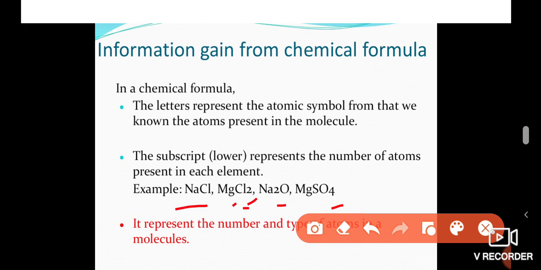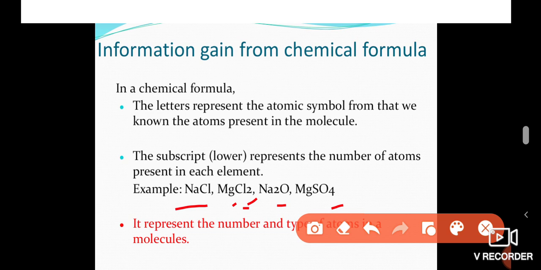After sulfur there is no number, which indicates only one sulfur atom is present in the molecule. Oxygen has 4 as a subscript, which indicates 4 oxygen atoms are present in the molecule.